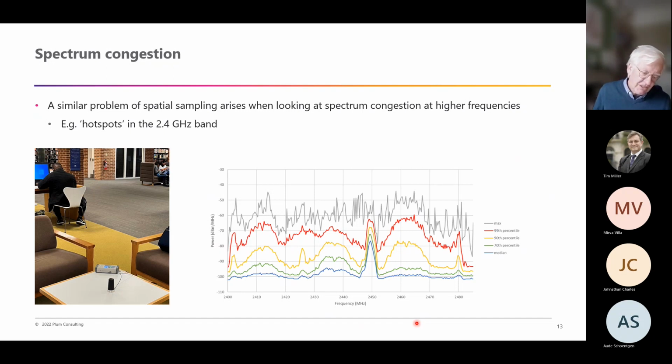So one of the problems of understanding the impact of noise is that it varies so rapidly over a very small area.